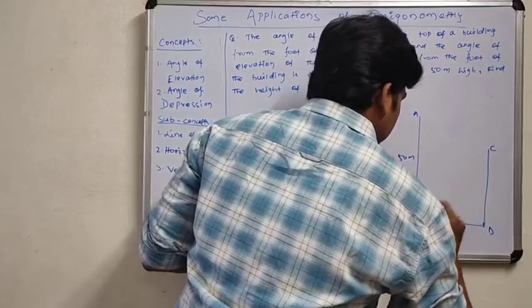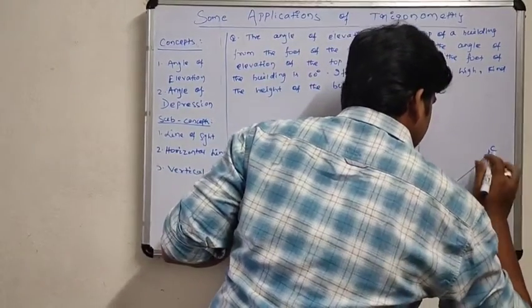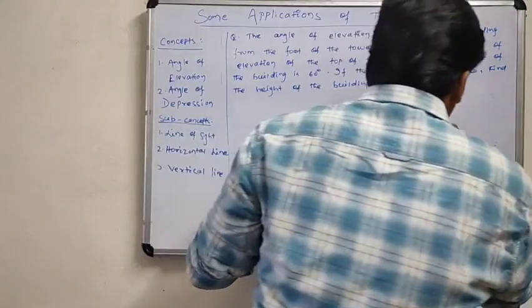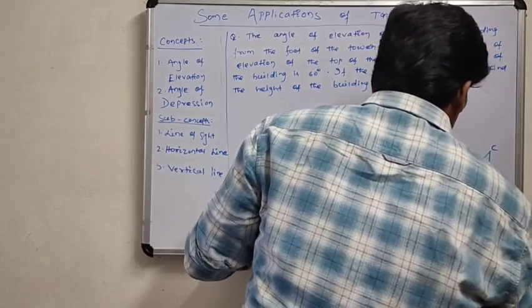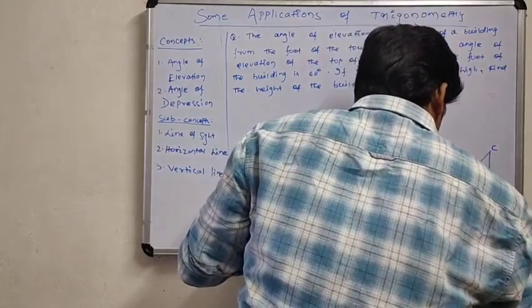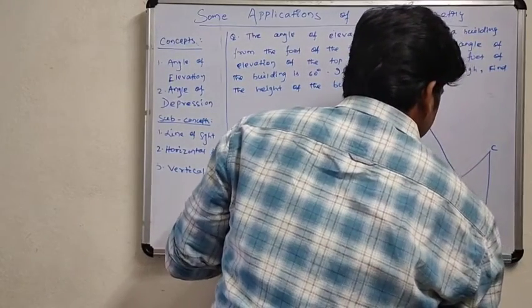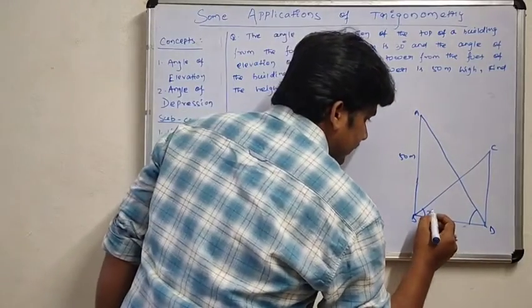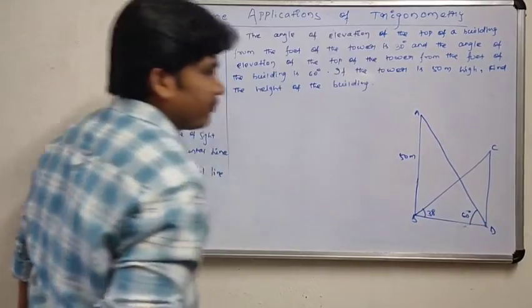From B to C is the angle of elevation of the building, and A to D is the angle of elevation of the tower. Then I can easily write this is 30 degrees and this is 60 degrees.